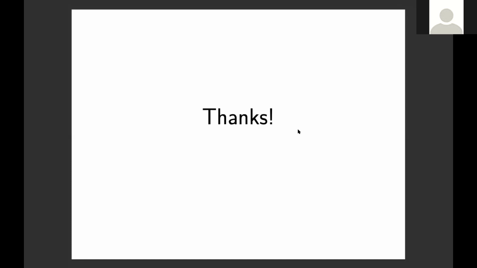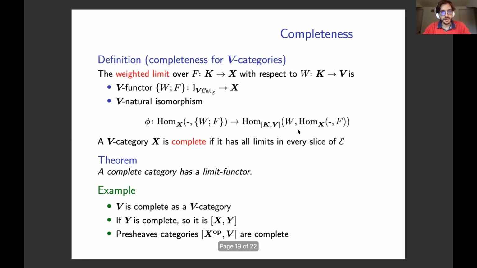But I think the biggest difficulty here is the fact that the notion of completeness, both for enriched categories and internal categories, is not completely internalizable.